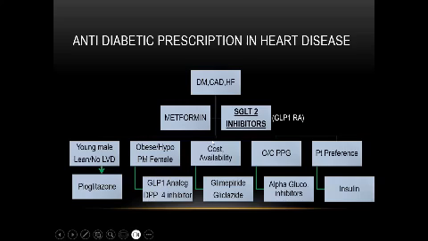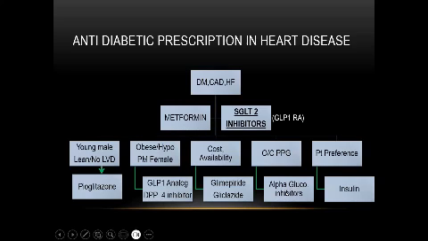When the patient cannot afford it and has to get drugs from the general hospitals only, then of course you can resort to sulfonylureas like glimepiride and gliclazide. Whenever your fasting sugar is normal, but you have a significant increase in postprandial sugars, the best drug will be alpha glucosidase inhibitors, or you can use meglitinides.